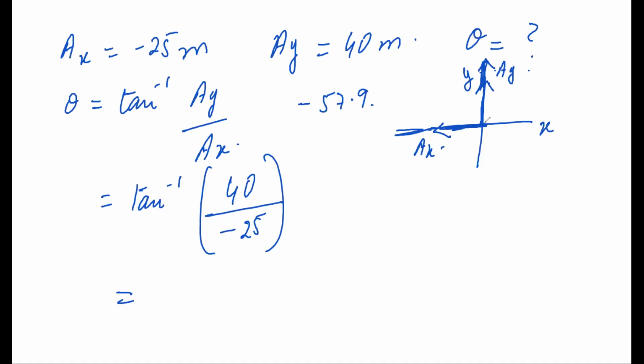So in which quadrant should A be? 1, 2, 3, 4. In which quadrant should you get A? Try, your answer should have a physical meaning also, right? So it should make sense. It should be in the second quadrant, right? So please try to calculate again and then tell me the answer, okay?